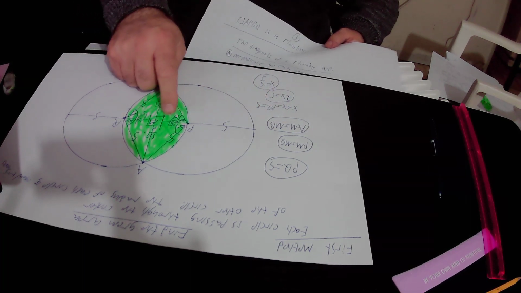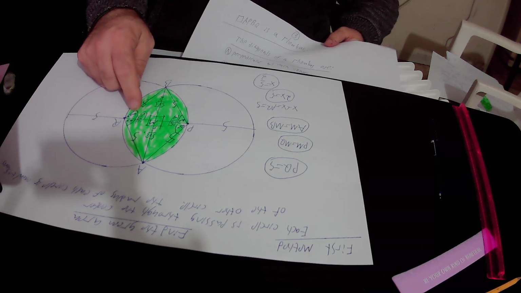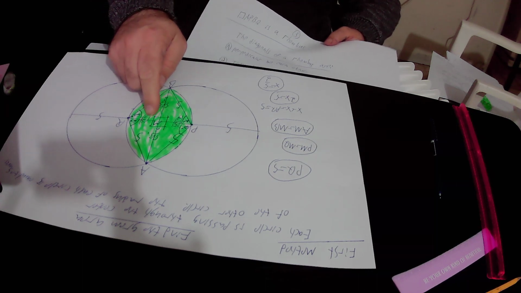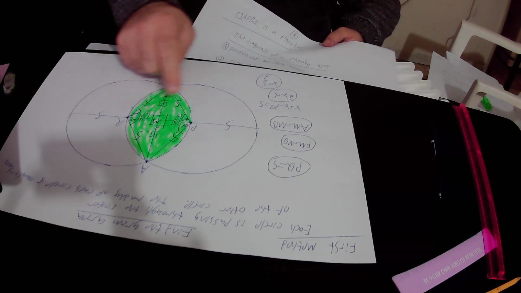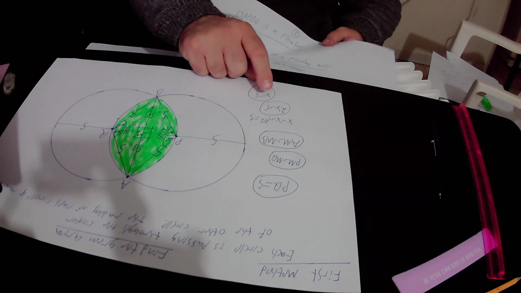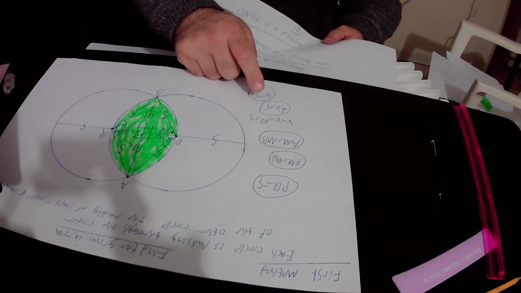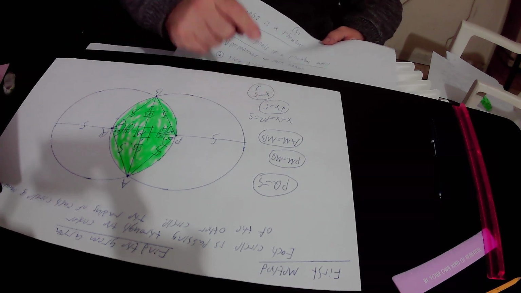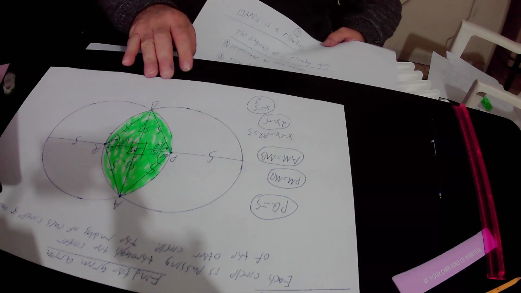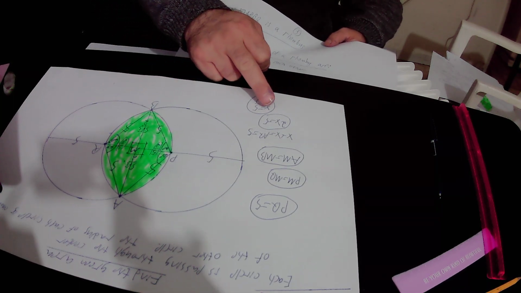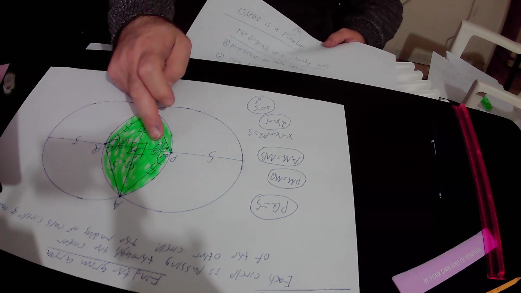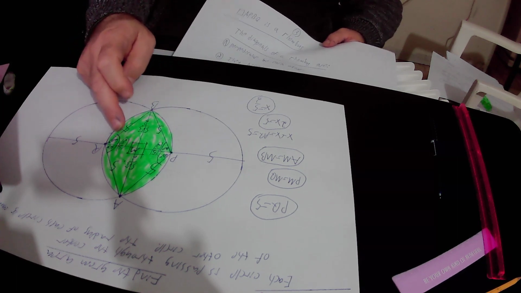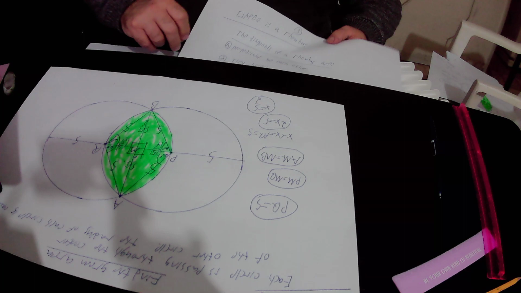So if we define PM as X, then MQ will also be equal to X. So X plus X equals PQ, that is to say 2X equals PQ, and PQ equals 5. That is to say 2X equals 5 units. Then we divided this equation by 2, and we got that X equals 5 over 2, so PM equals 5 over 2, and MQ also equals 5 over 2. Okay?